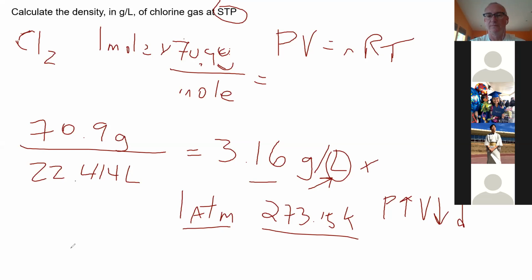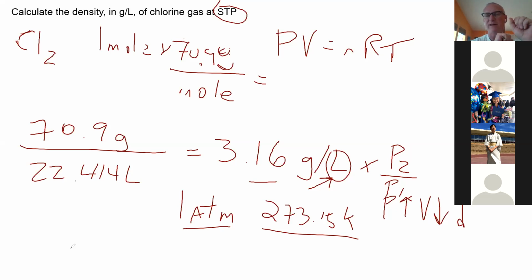Somebody says it goes up. Yeah, it gets larger. If you divide by something smaller, your overall answer gets bigger. And so here, we would take P2 over P1, because if the pressure went up, the density would go up too.